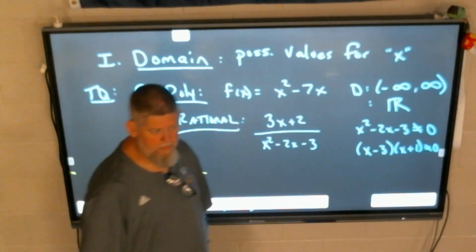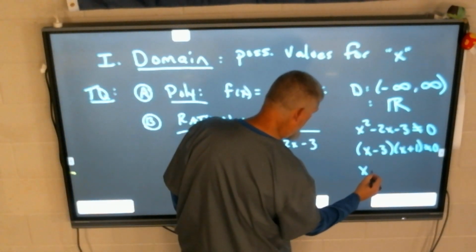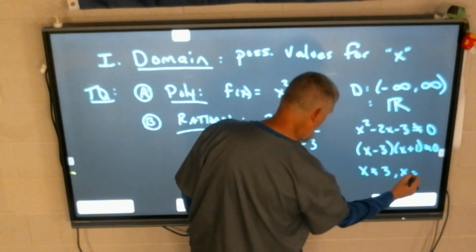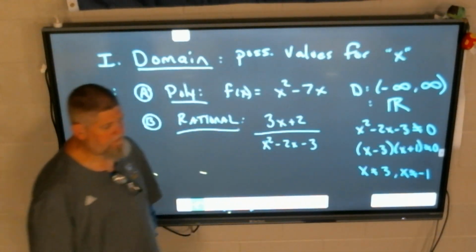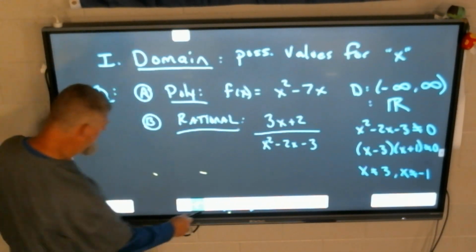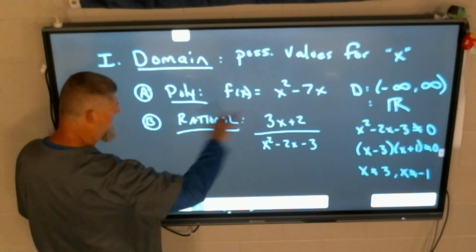Solve our quadratic. Okay? So x cannot be 3. x cannot be negative 1. Because if x is 3, look what happens. If I plug in 3 to the bottom, it doesn't matter what the top is.